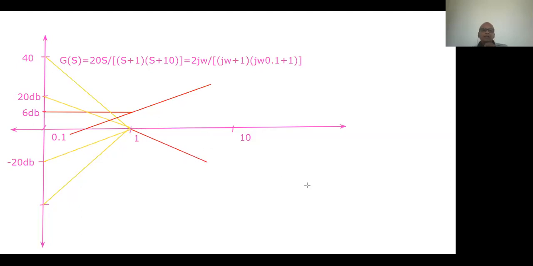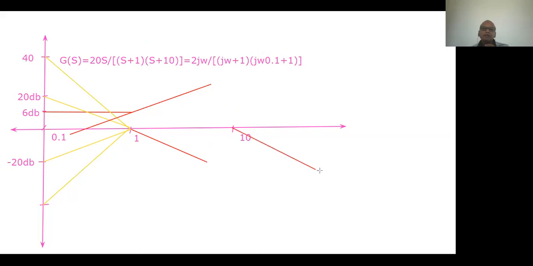Okay. And then if you consider the third factor, that is j omega into 0.1, what is the corner frequency? The corner frequency is equal to 10. Slope is minus 20 dB per decade.